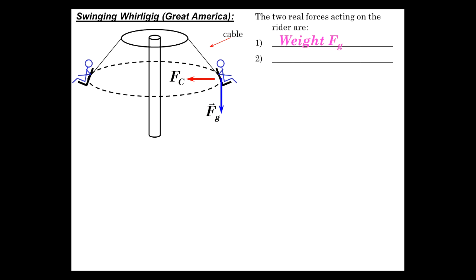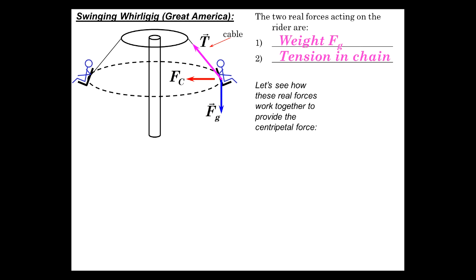Then we also have tension in the cable. So tension in the chain or rope cable, whatever it is, there it is. So I'm kind of thinking right now of the person-swing combo as the object, and those are the two real forces. There and there. That's it. And so how do they provide for us the centripetal force?